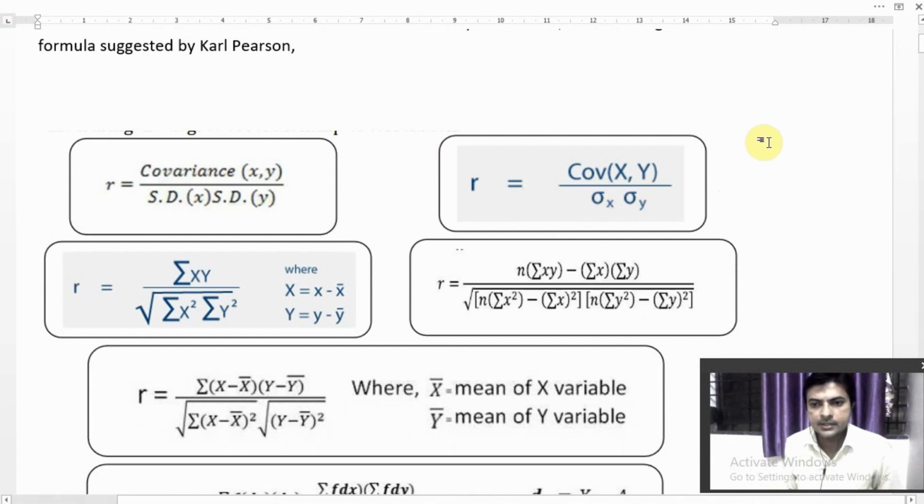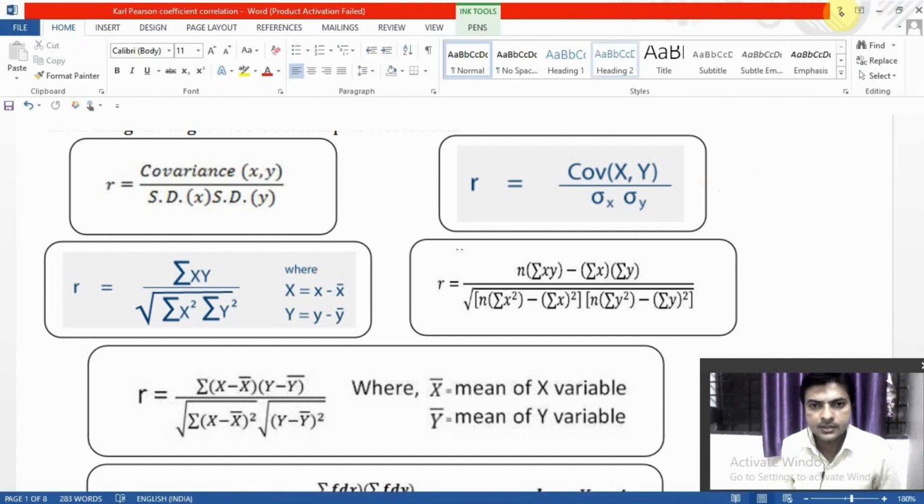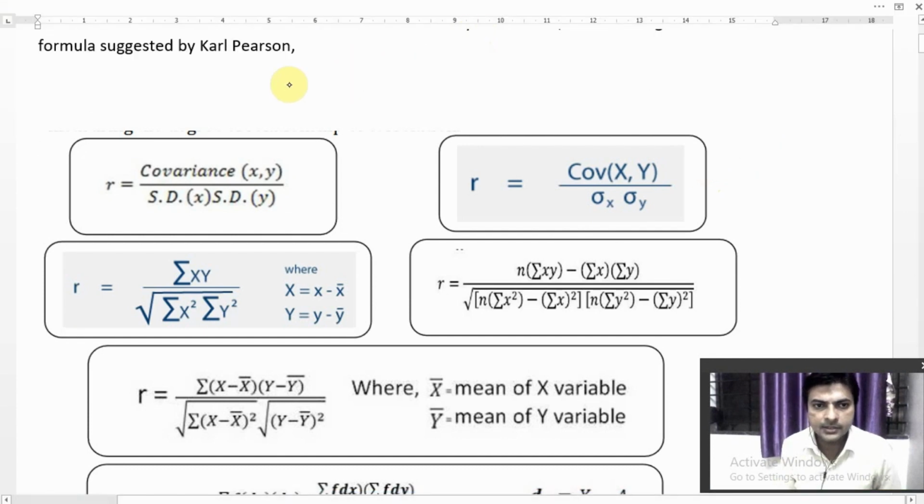Please remember, here I am going to take sigma x as the standard deviation of x. Please remember this one.